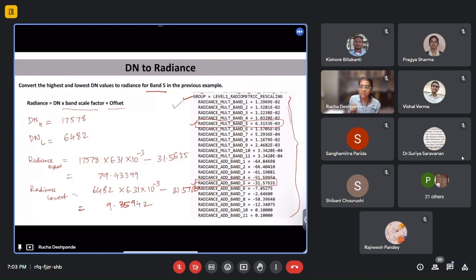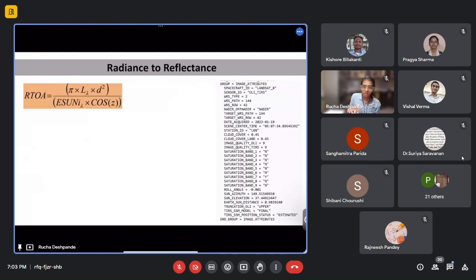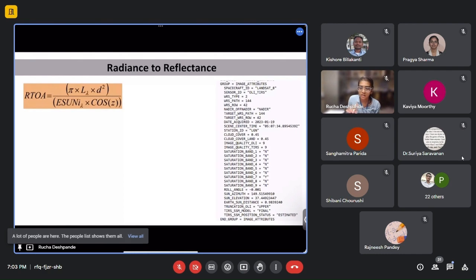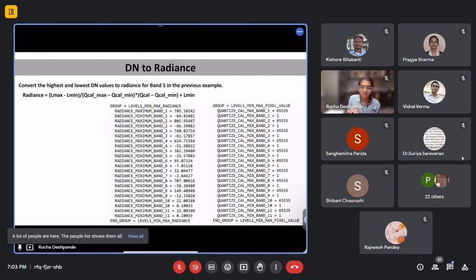And sir had explained in one of the lectures. Sorry, it should be calibrated. This is the formula for calibrated radiance, which was explained in the lecture by sir.